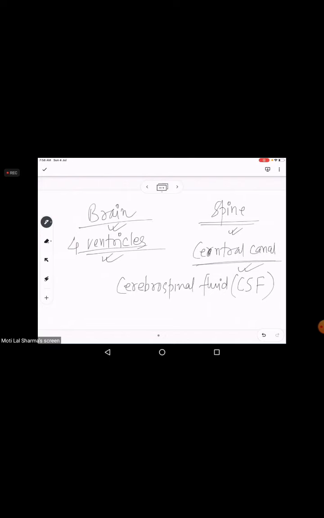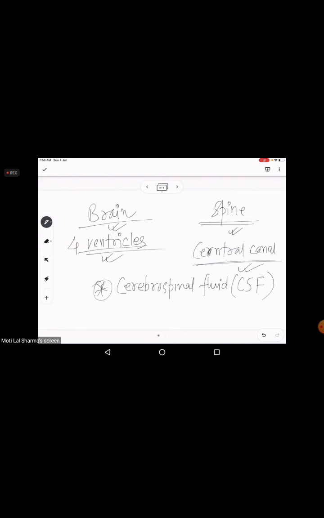So now you know cerebrospinal fluid is found within the brain in cavities called ventricles. It is found within the spine in the central canal, and also outside the brain and spine, in between the pia mater and arachnoid mater.